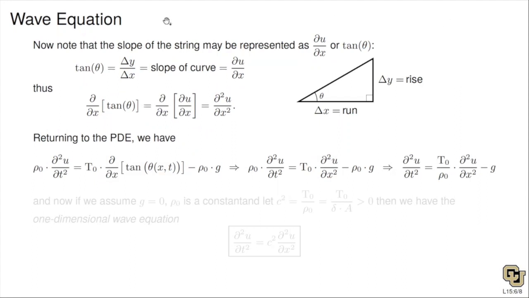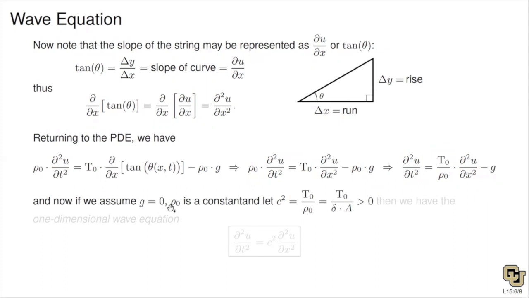So we can divide both sides by the density and write it in this form. So here you will eventually just write this as some constant, and for our purely theoretical purposes, we'll assume there's no gravity. And so then we get our full-on wave equation.